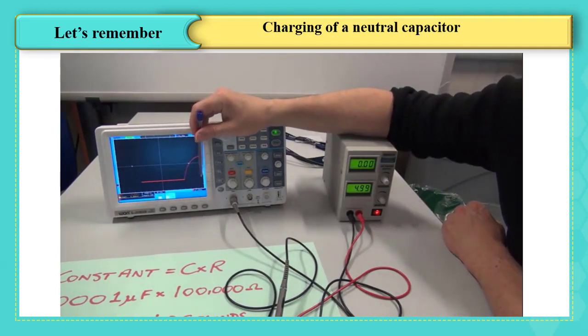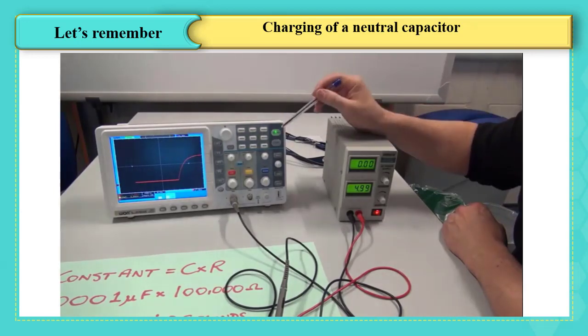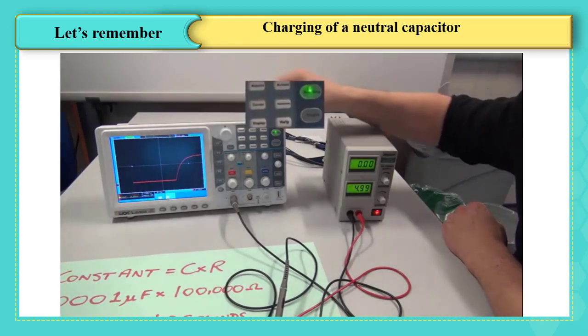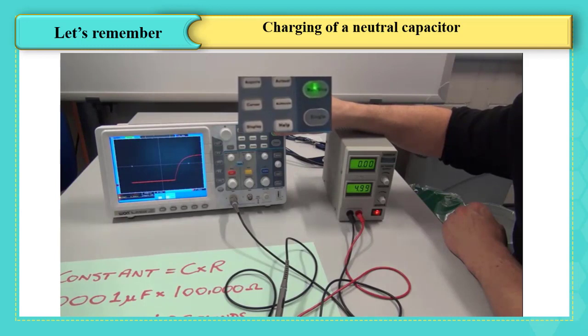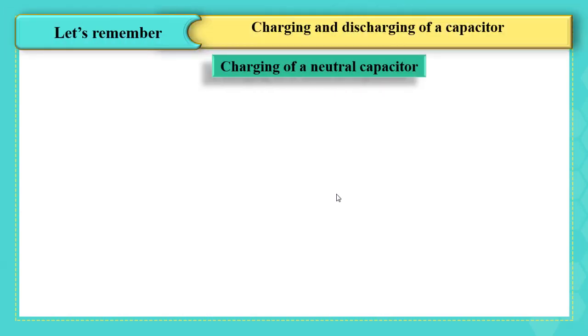So at this point we've done 3, 3.5, coming up to 4. We're going to press the run stop button when we reach 5, that's this point here. And we stop it.